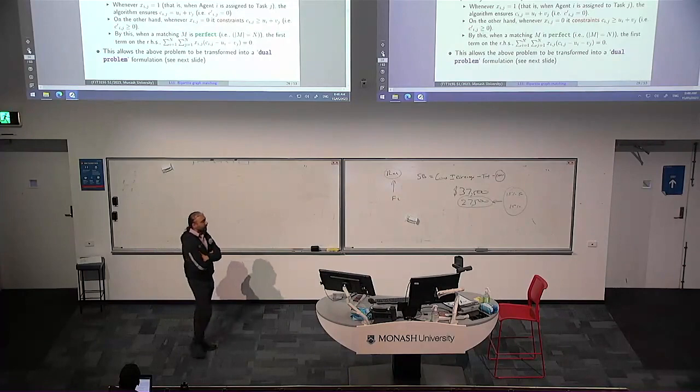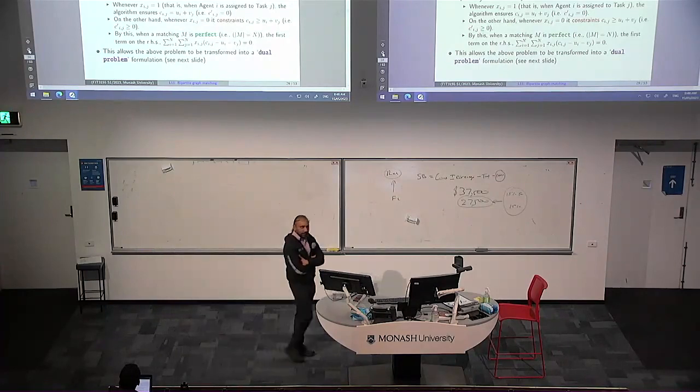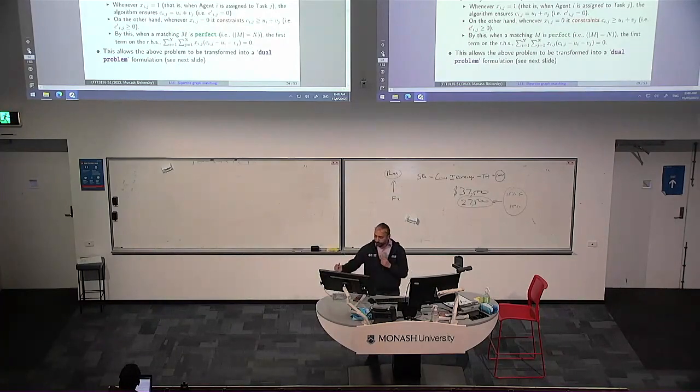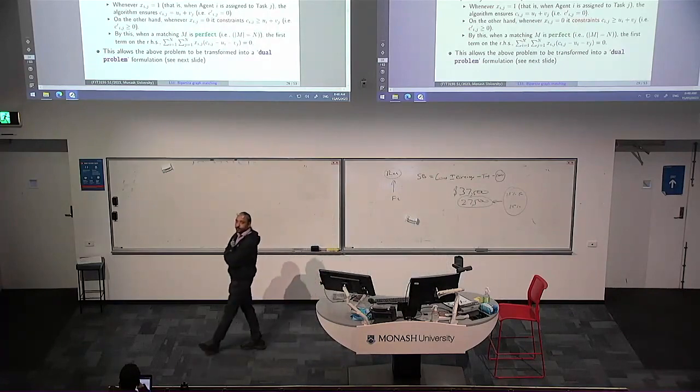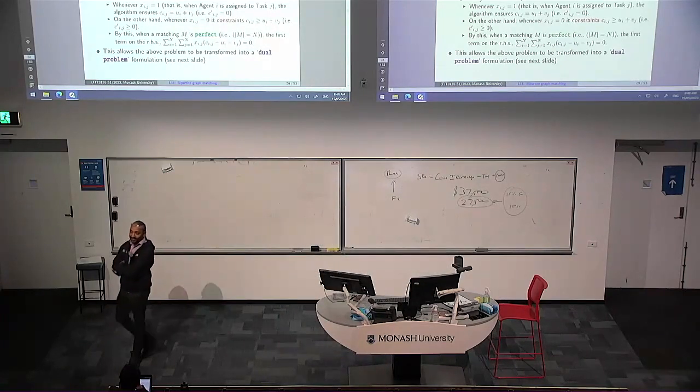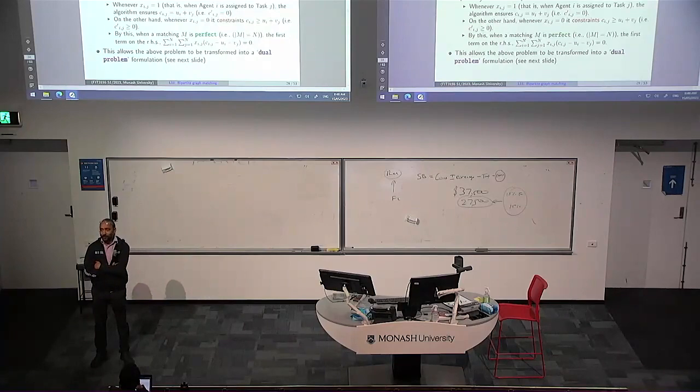Now, if xij is 0, what happens to the first term? Obviously 0, isn't it? If you multiply double summation of 0 times anything, it's going to be 0. For all possible zeros you see in the assignment matrix, that term doesn't exist. It goes away.